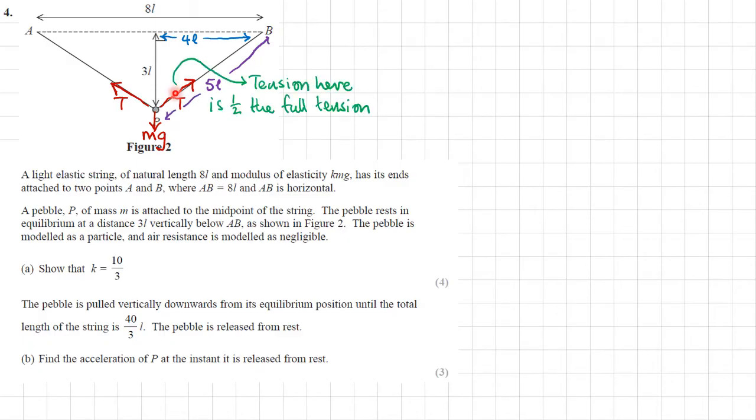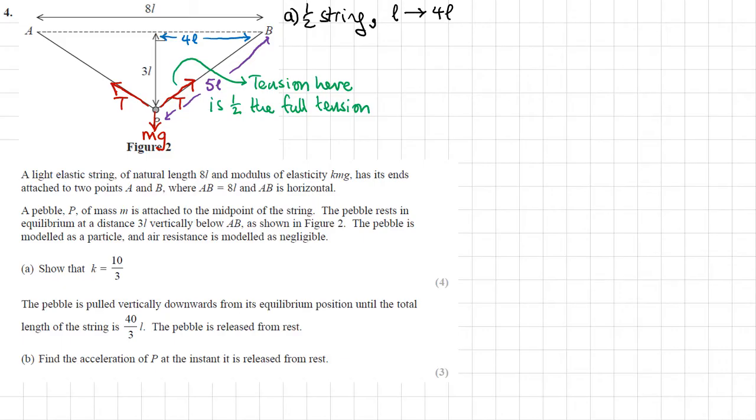Now, to do this question, I'm just going to use the tension on one side because that's half of the full tension. And once I've worked that tension out, I'll double it to get the full tension that's acting upwards. So the working I'm going to be writing down is for the half string on this side. So for the half string, its natural length is 4L.